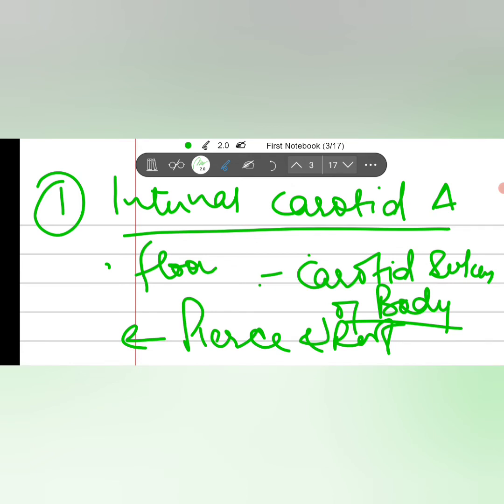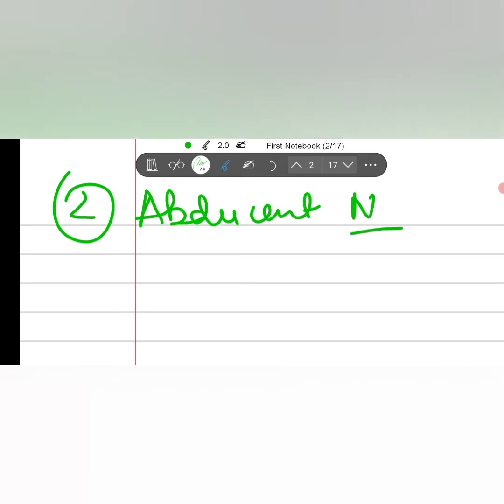Now the second content is the abducent nerve, that is cranial nerve 6. It enters below the petrosphenoid ligament and accompanies the internal carotid artery, inferolateral to it.